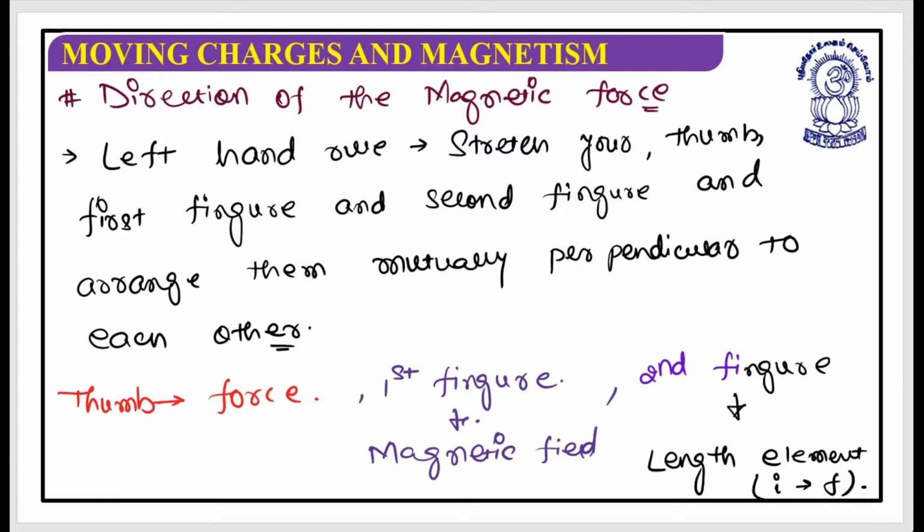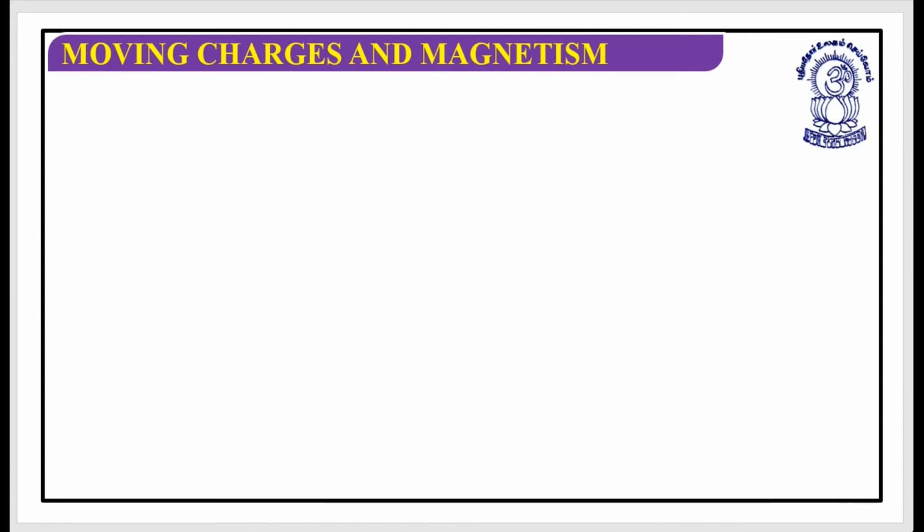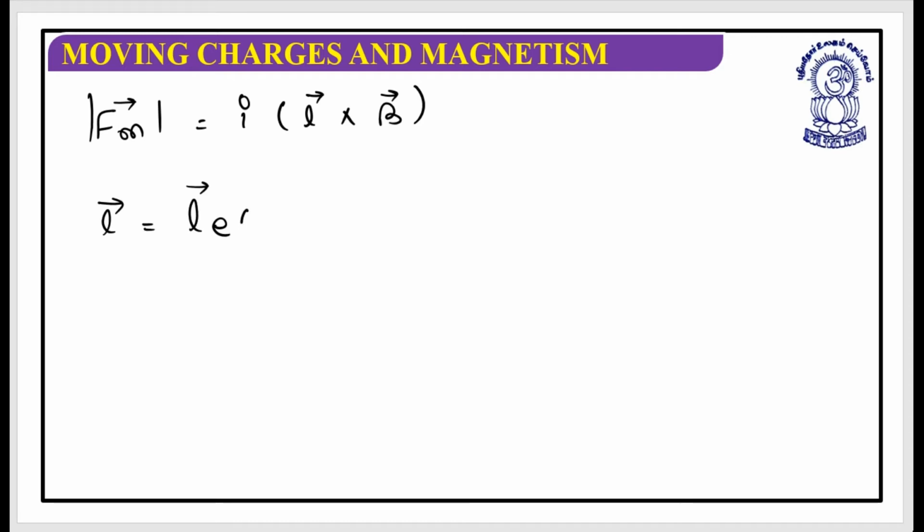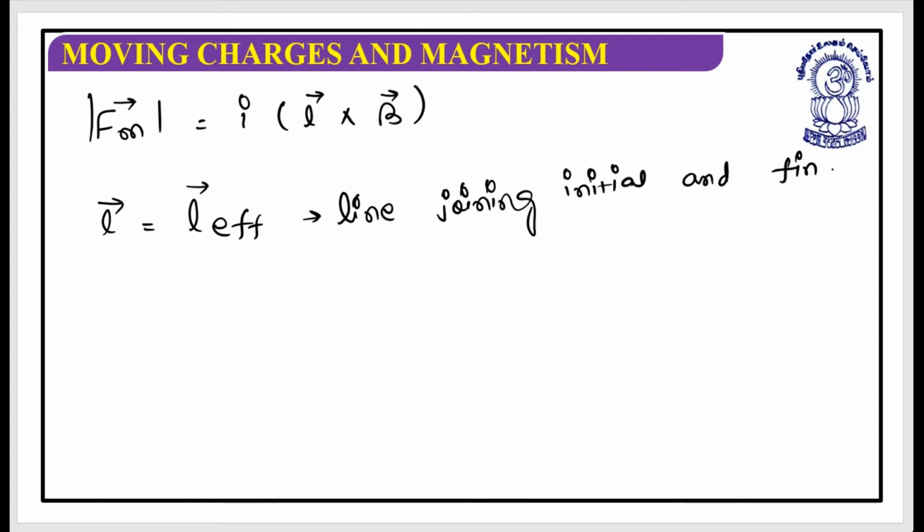So what we need to do is we have two things, that is Fm, that we call the magnetic force, which can be written as I into bracket L cross B. This L is the L effective, the line joining initial and final point of the conductor.